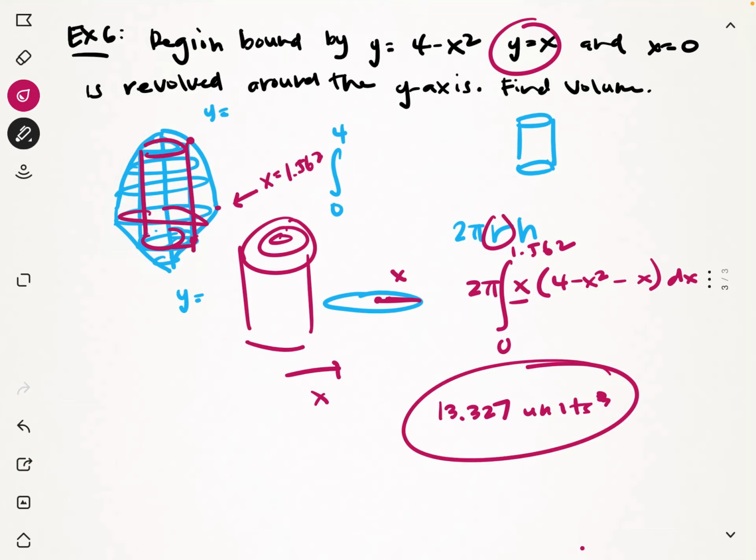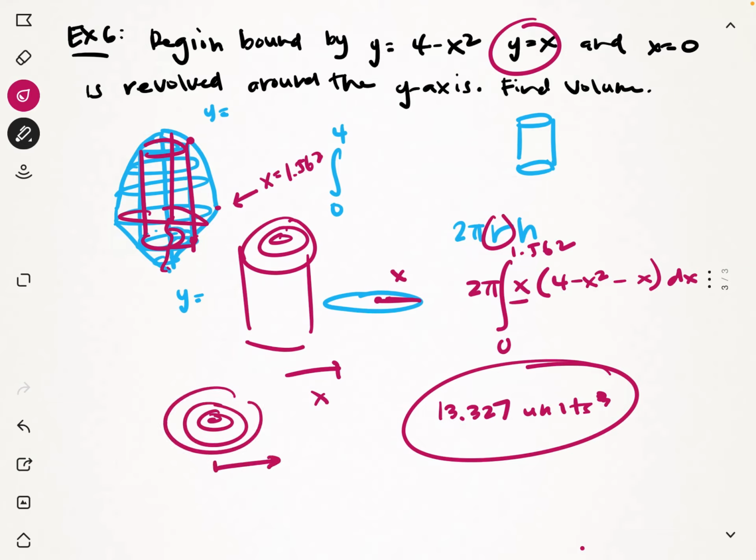Okay, so we could do this in 2 parts, right? We could have done stacking circles, but we'd have to do the bottom part first, and then the top part second, because the radiuses are determined by the 2 separate functions. But because we did our cylinders, we did our function with respect to x, because the cylinders grow outward this way, right?